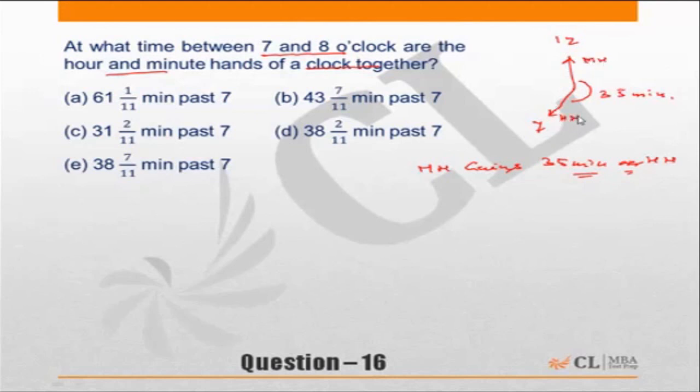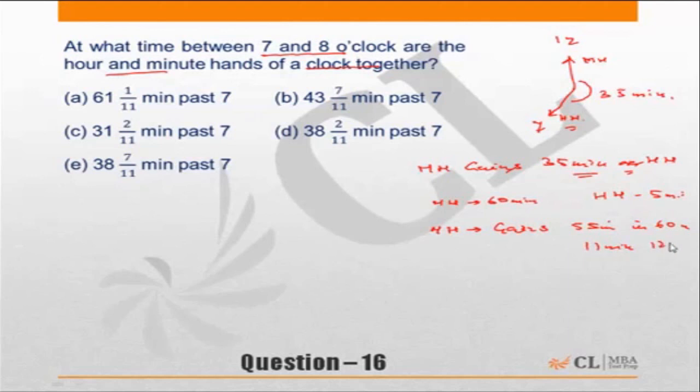Now again, as per the clock, when the minute hand does 60 minutes, one complete round, the hour hand does only 5 minutes. Or in other words, the minute hand gains 55 minutes in an hour, or it gains 11 minutes in 12 minutes.